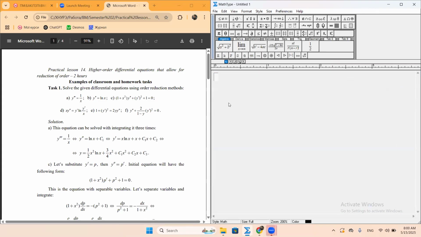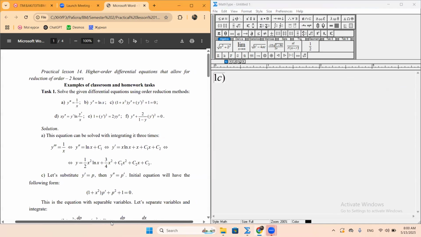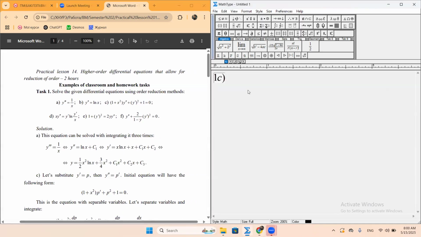I wrote 2A, but it was 1A. So we will go to exercise C. B is even simpler than A, so you will have to integrate just 2 times, but analogical integrals, so no need to waste time now. And then at home you will, of course, practice.